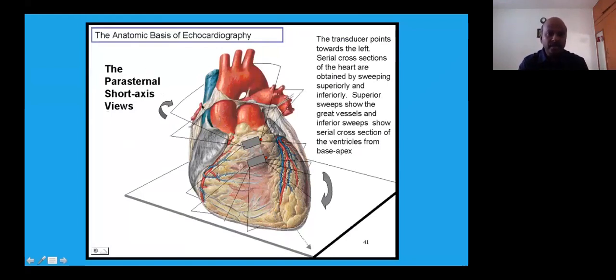The parasternal short axis view is what is used predominantly to look at the ductus. This is the probe here with the marker to the left, placed somewhere across the pulmonary artery, and you can sweep either high or mid or lower down to get whatever short axis views you get.